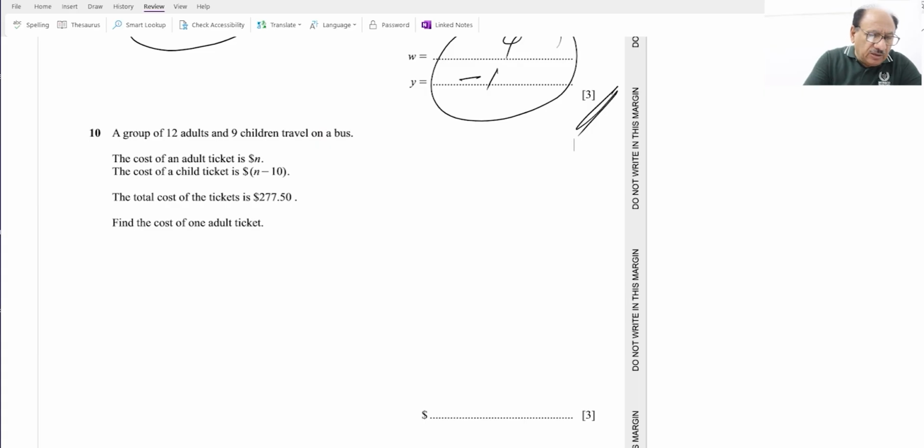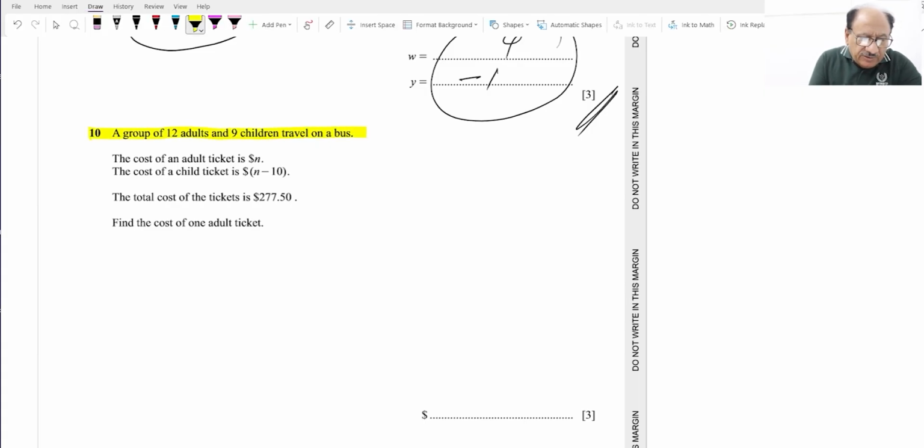Now they're saying a group of 12 adults and 9 children travel on a bus. The cost of an adult ticket is N and the cost of a child ticket is N minus 10. The total cost of the tickets is 277.50. Find the cost of one adult ticket.